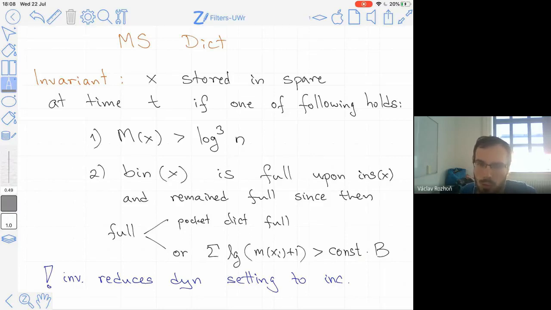Okay. And one more time, what is b? B, you could think of B as log n. It's actually log n over log n. B is the number of elements that are stored in a pocket dictionary. So this is B distinct elements, the capacity of the pocket dictionary, and here we have some constant, say 12 times b, for the sum of the lengths of the counters.